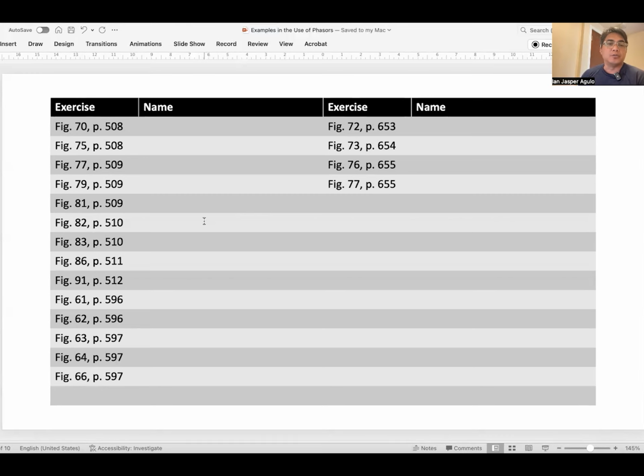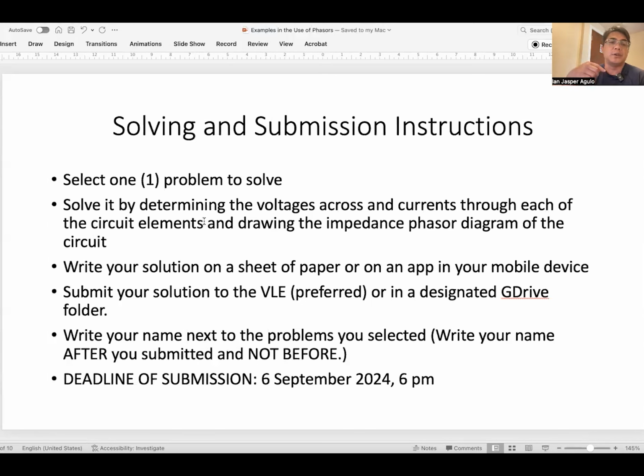And what you're going to do is to select one of these problems. And sa figure na masaselect ninyo, alamin nyo kung ano yung voltage and current, voltage across each circuit elements and currents through each of the circuit elements. And finally, i-draw nyo rin yung impedance phasor diagram.